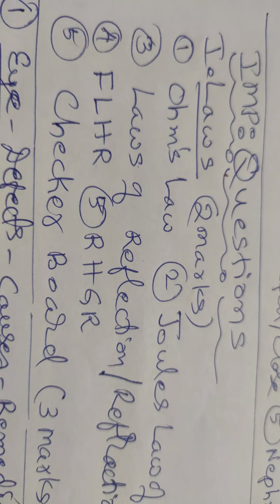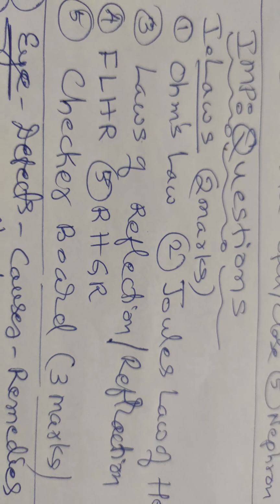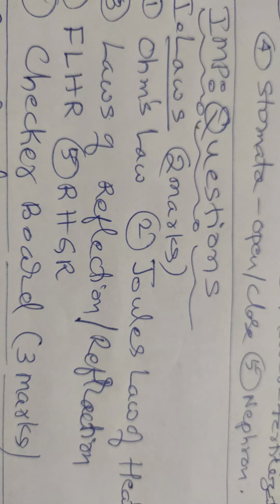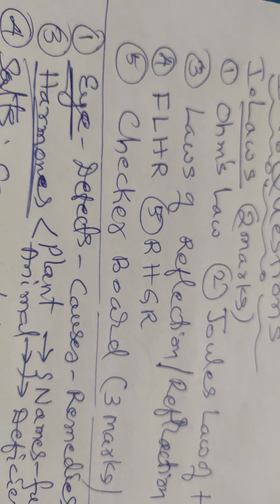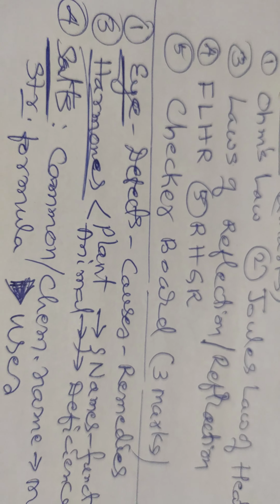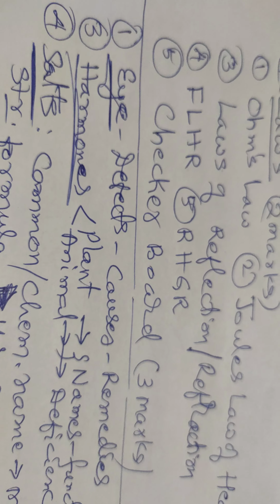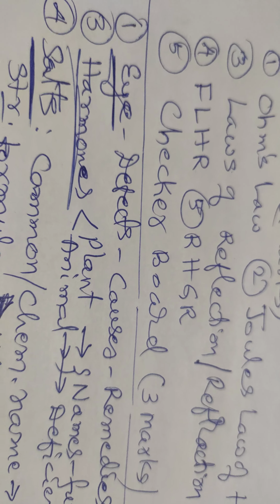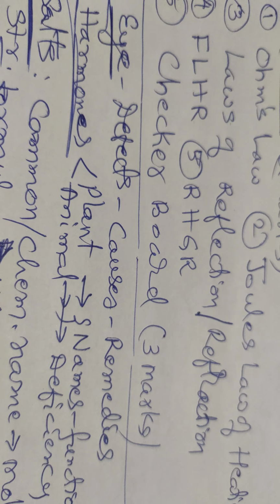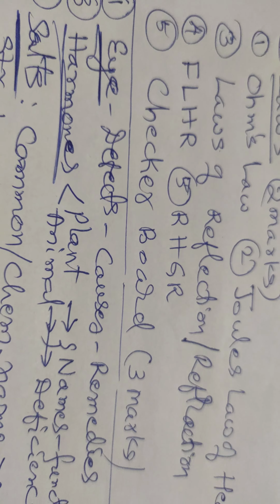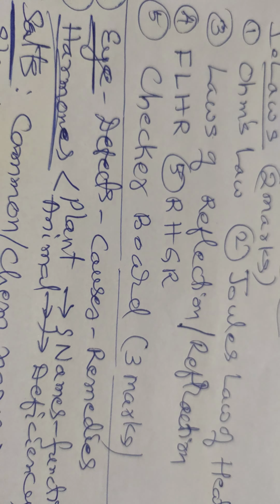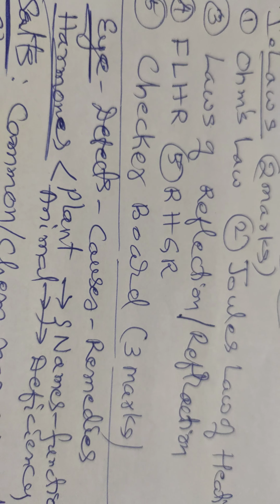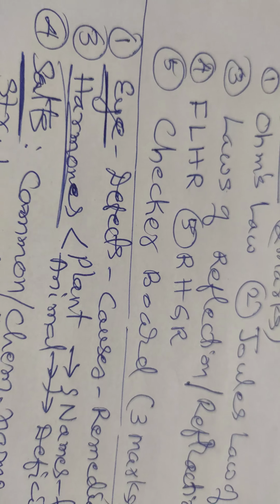And most importantly, checkerboard for 3 marks. Don't forget, the checkerboard in the heredity chapter, you will definitely write. Next, other important questions they must ask: human eye defects, causes, remedies: myopia, hypermetropia, presbyopia, and cataract.